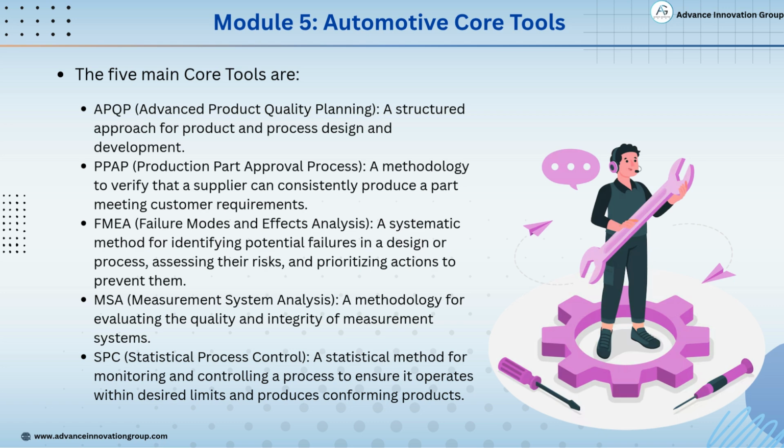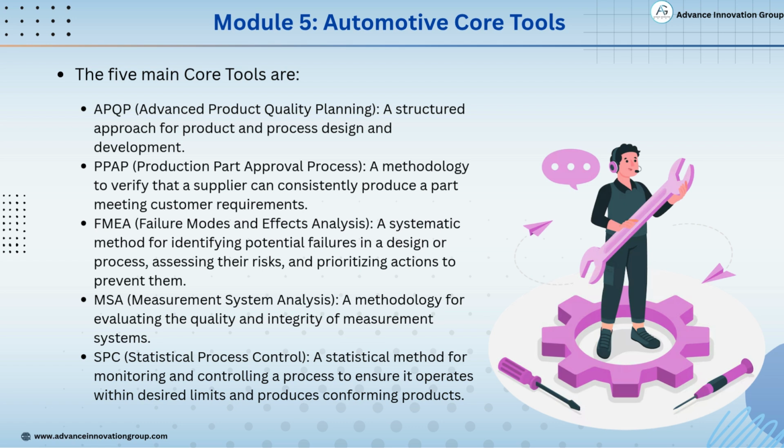3. FMEA, Failure Modes and Effects Analysis, a preventive tool used to identify potential failures in a product or process, assess their risk, and prioritize actions to avoid them. 4. MSA, Measurement System Analysis, ensures the measuring systems we use are accurate and reliable, which is crucial for quality checks. 5.